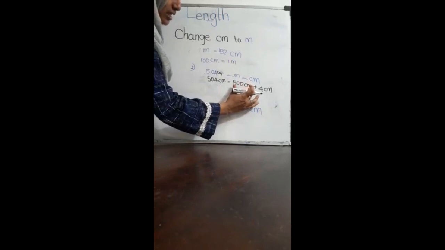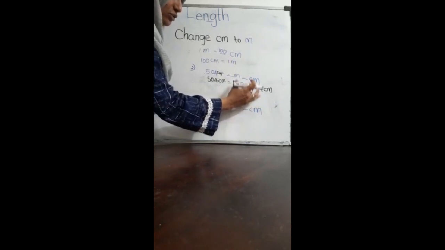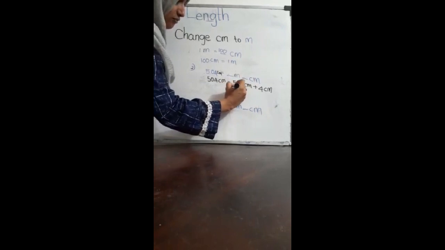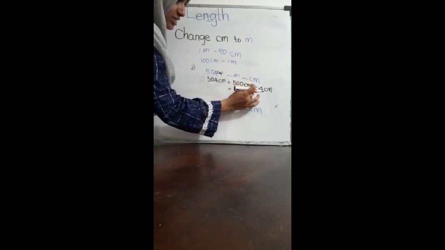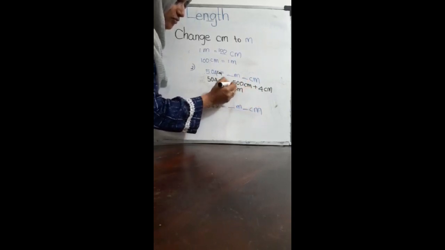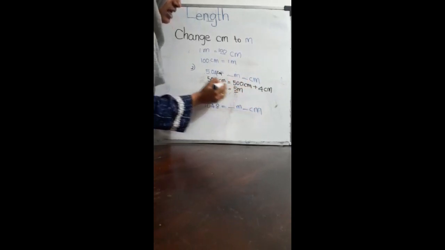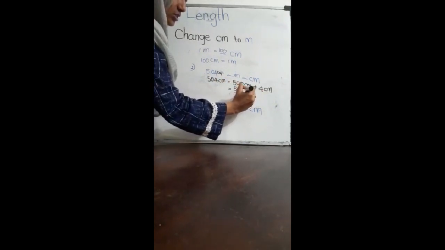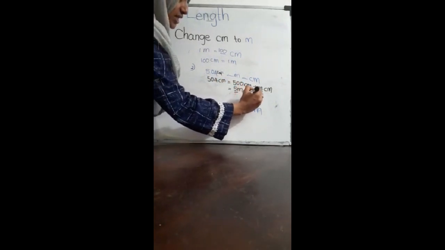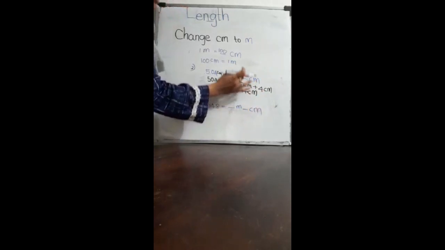Now I'm going to change 500 centimeters into meter. So 500 centimeter can be written as 5 meter. And we don't need to write plus. So, 4 centimeter.